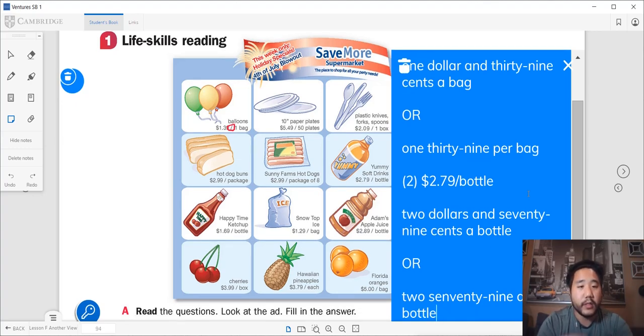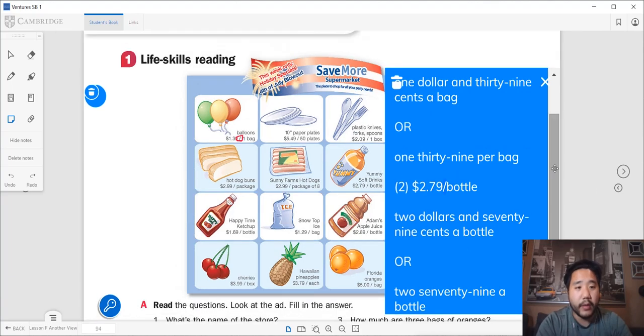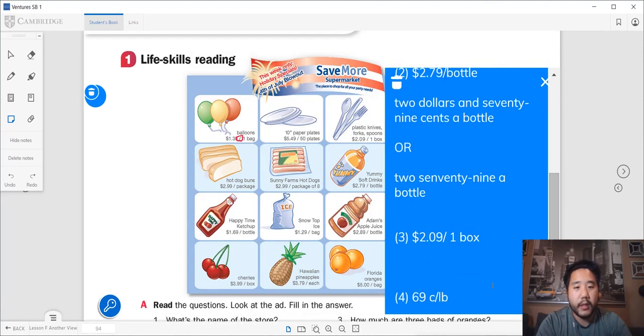So those are two ways of saying the prices, and then I just chose A for this dash symbol, and then bottle. And we're going to do the same thing. So number 3, here we have $2.09 a box, but this I'm going to use per.